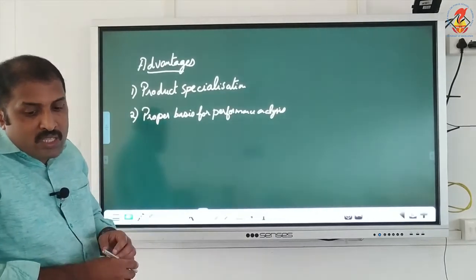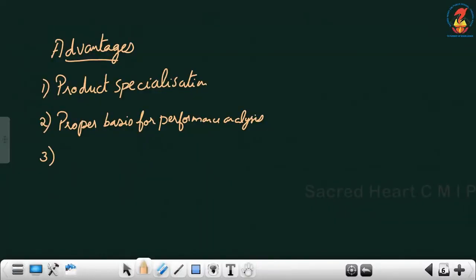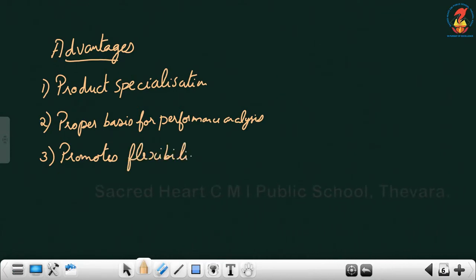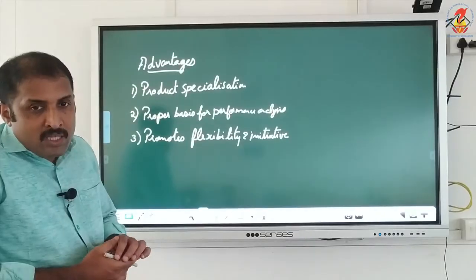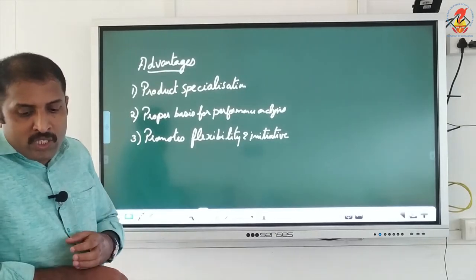Now, the third thing is that it promotes flexibility and initiative, because each division is an autonomous unit.